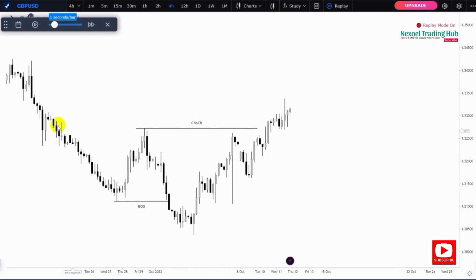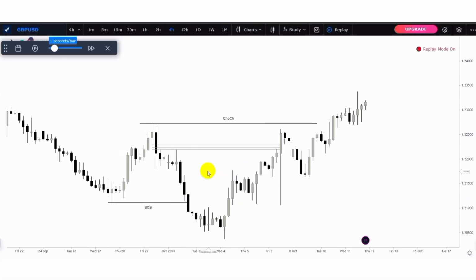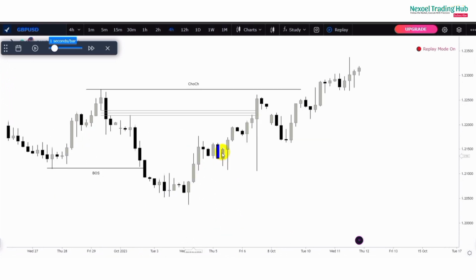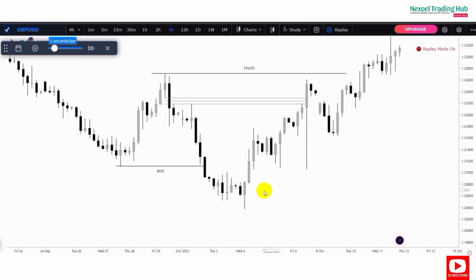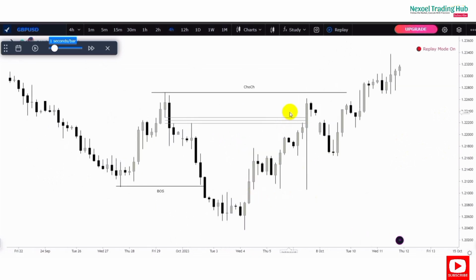So now this is a valid order block, because you can see this candle swept the high of this candle. You can also see we have the fair value gap resting here. So basically what we were expecting was to see price return to the order block, and then see price fall to the downside.